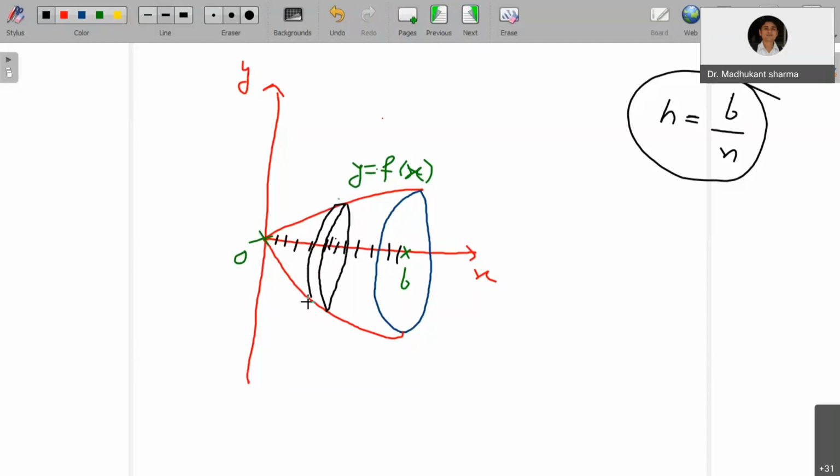This length, what we have called delta x i, or let's say delta x is uniform, so delta x is equal to h. It's very small. And this is the interval, let's take it, from x i minus 1 to x i.